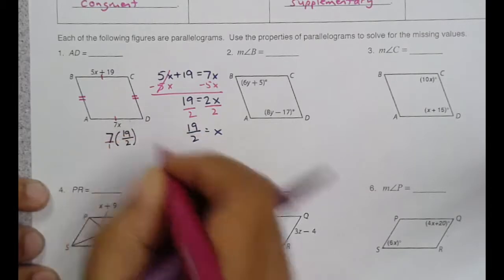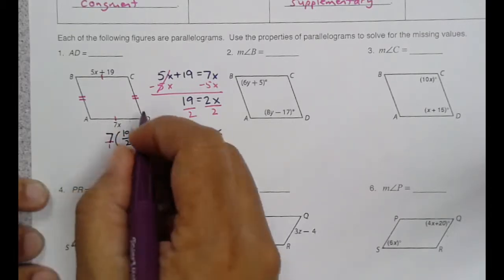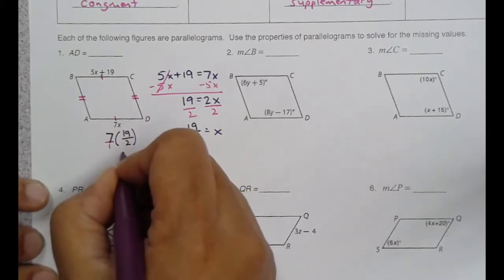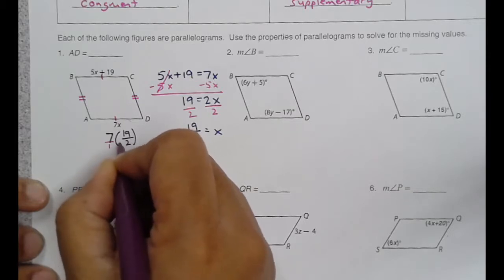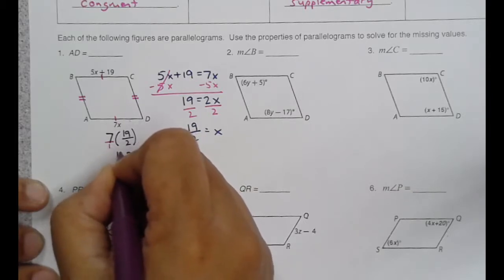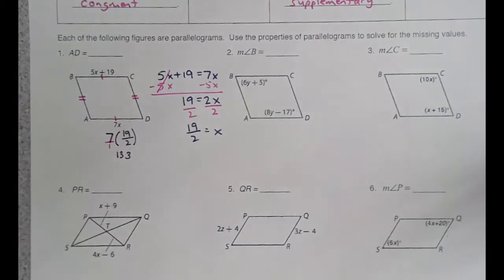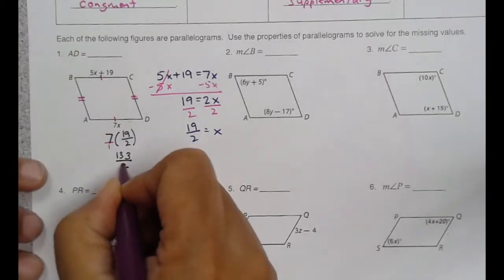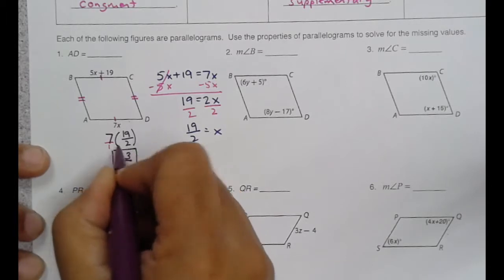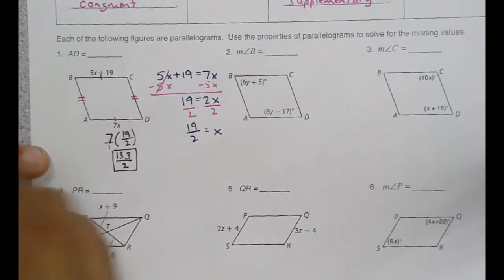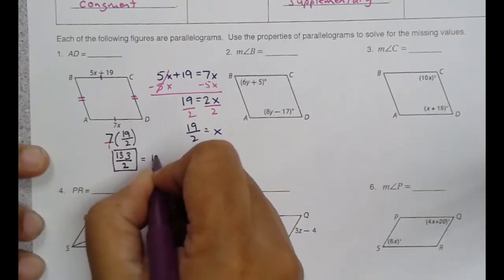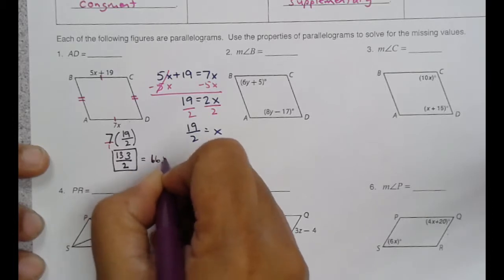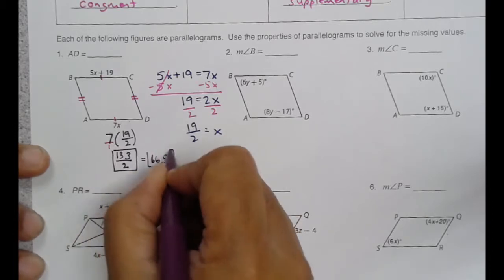So I'll put this over 1. 19 times 7 is a total of, let's see, that's 3, 6, so that's 133. Hopefully that's right. And that's over 2 times 1, which is 2. So that's the length. You can write it like this, or if you wanted to write it as a decimal, you could also say 66.5. Either one is correct as an answer.